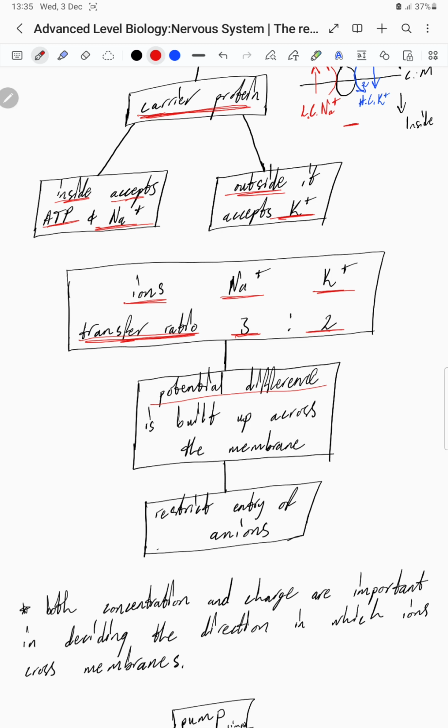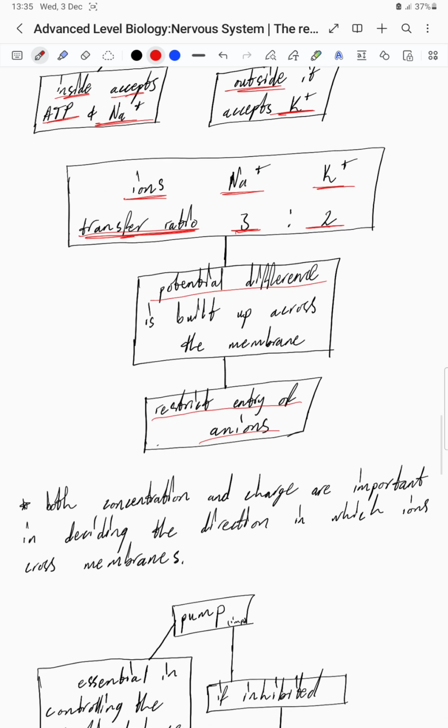As we have said, we have talked about electrical gradient and chemical gradient. This is an electrical gradient, and there are negatively charged molecules or ions. So both concentration and charge are important in deciding the direction in which ions cross the membrane.